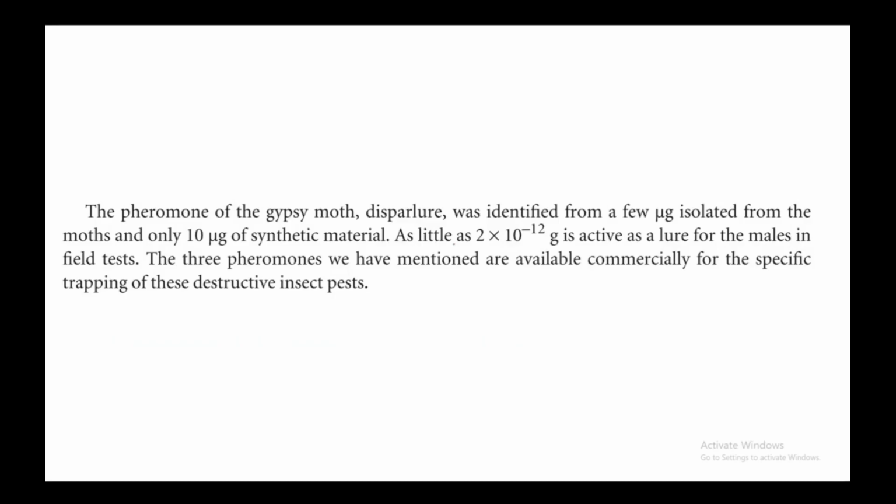The pheromone of the gypsy moth, disparlure, was identified from a few micrograms isolated from the moths, and only 10 micrograms of synthetic material; as little as 2 × 10⁻¹² gram is active as a lure for the males in field tests. The 3 pheromones we have mentioned are available commercially for the specific trapping of these destructive insect pests.